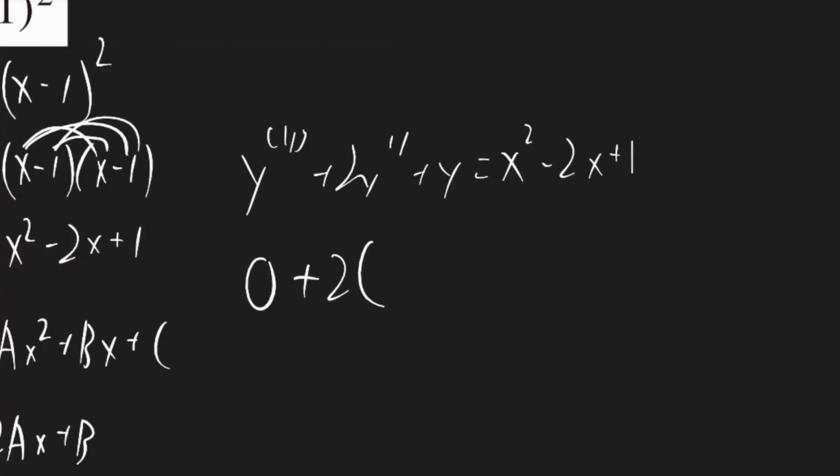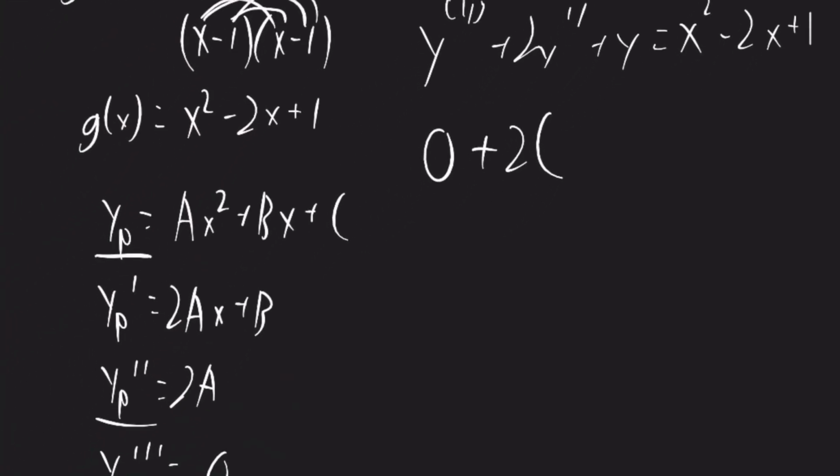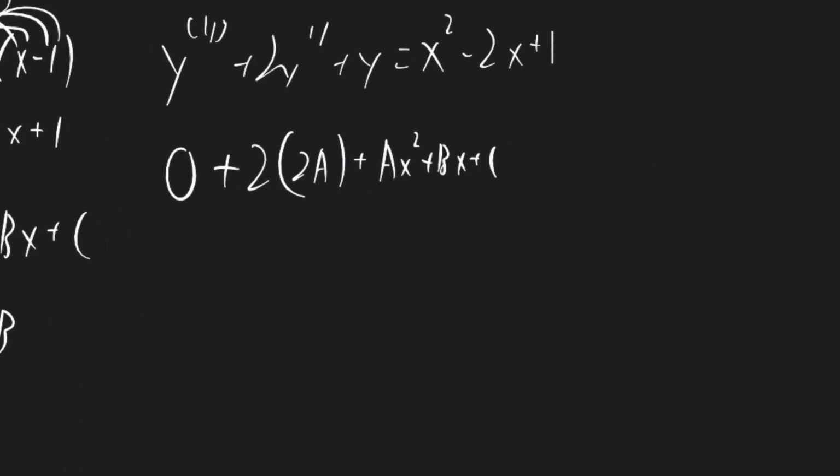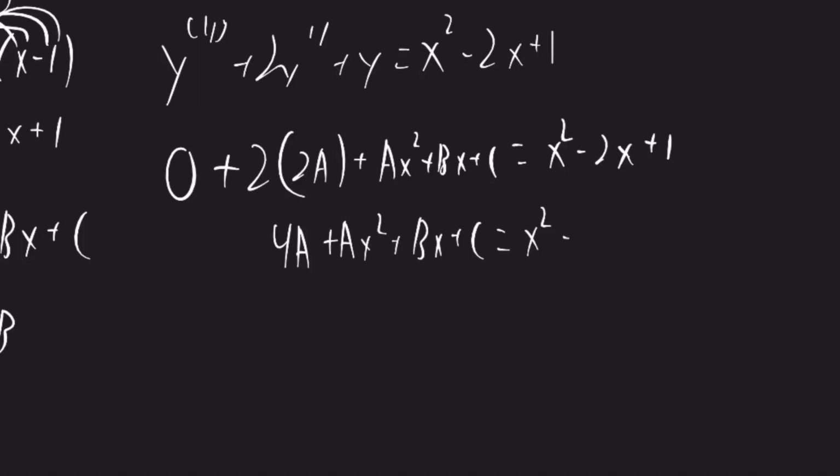That'll be plus 2 times yp double prime was 2a. And it'll be plus y, which was ax squared plus bx plus c. That'll be equal to x squared minus 2x plus 1. This will be 4a plus ax squared plus bx plus c is equal to x squared minus 2x plus 1.